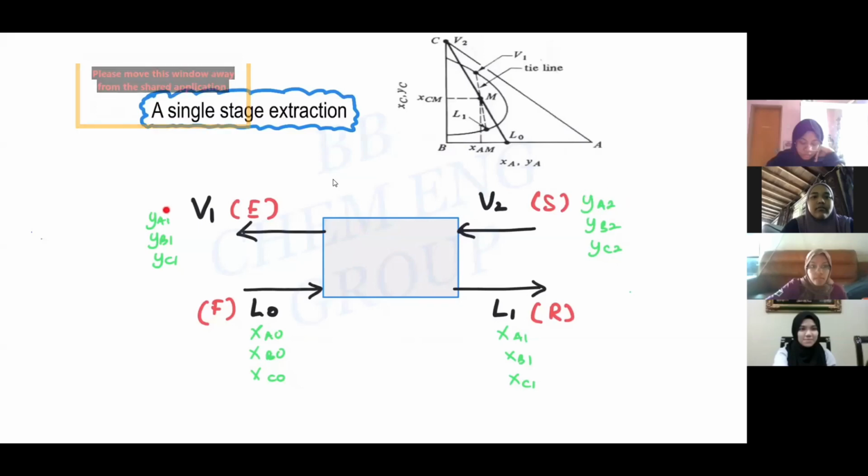So the x-axis is normally represented by two types of X and two types of Y for the solute. You will take only the solute, so these are all X coordinates.